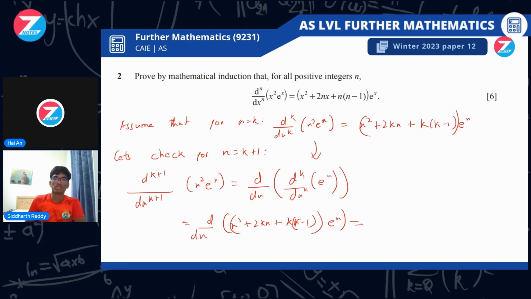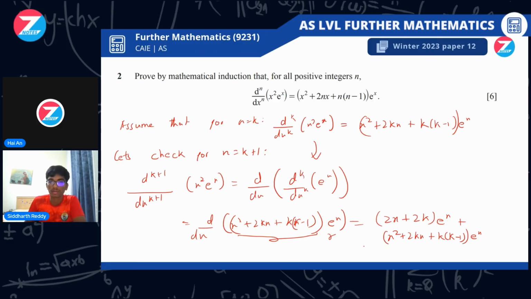So let's differentiate this now. Again, we can just use the product rule. This is the first function, this is the second function. Differentiating the first, we get 2x plus 2k, that's just a constant, into e to the x, plus x squared plus 2kx plus k(k minus 1) times e to the x.